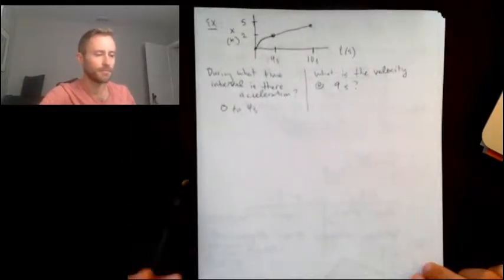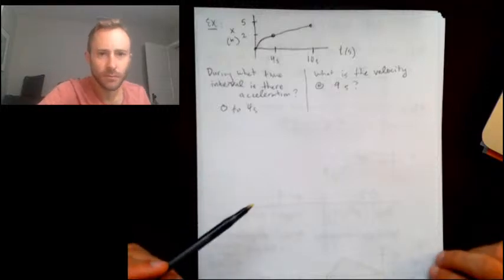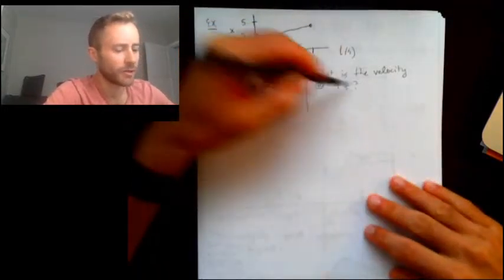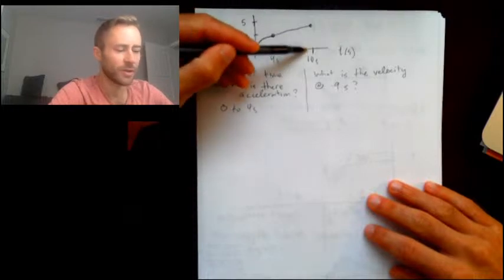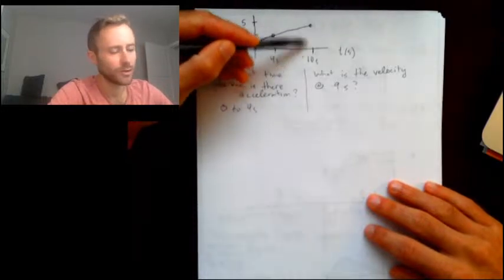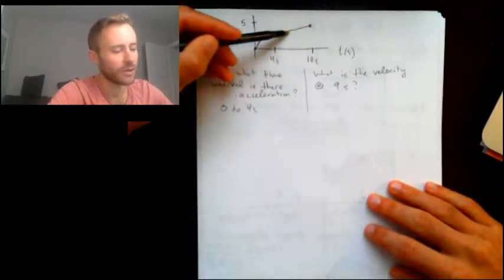So what I'm asking for is the slope at 9 seconds. 9 seconds is right about here. So I want the slope of this line segment.